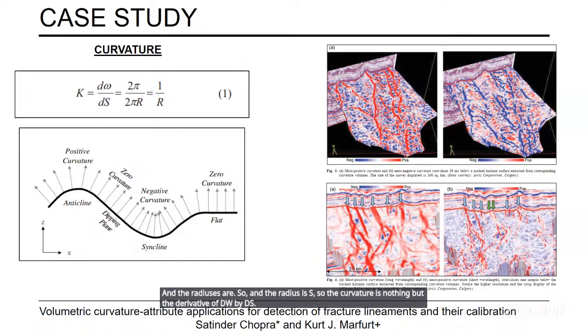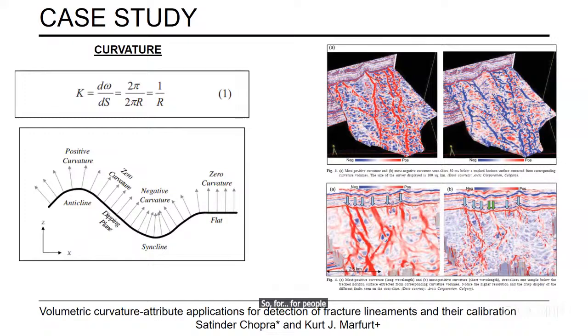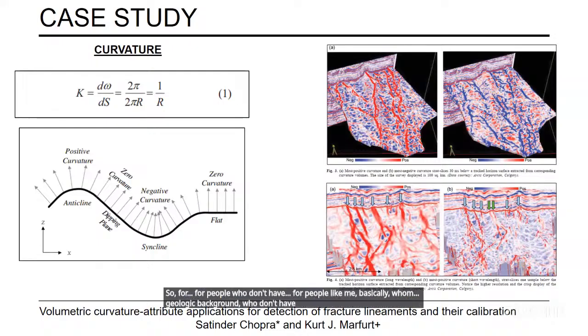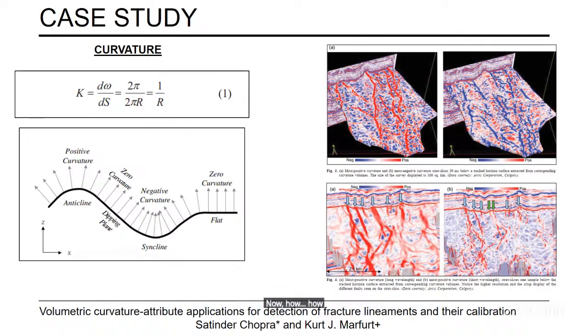For people like me, from a geology background, who don't have a grip on major geophysics, we can understand that curvature is nothing but the inverse of radius. Now, how does it become relevant to us?